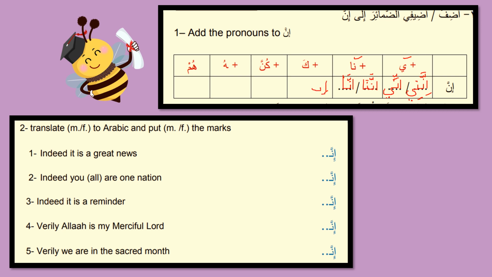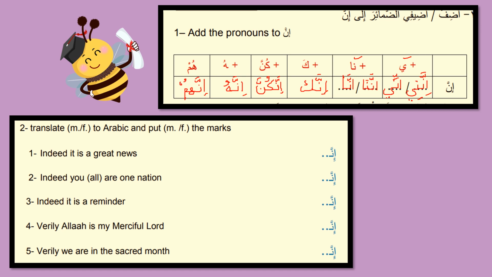So inna with the shadda fatha and kaf damir. Inna kunna. So now it gets attached normally. Kunna, then innahu, and innahum. So it remains the same.